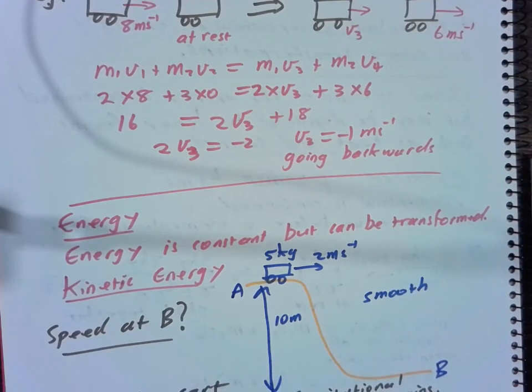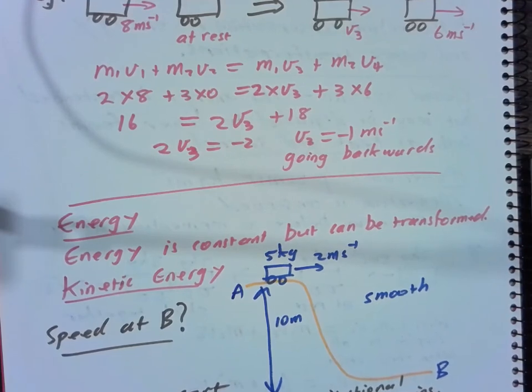So we put all those together, 0.5 by 5 by velocity B squared equals 0.5 by 5 by 2 squared, plus 5 by 9.8 by 10, and it all works out to be 2.5 vB squared equals 500 joules, so that vB turns out to be 14.1 m s to the minus 1.